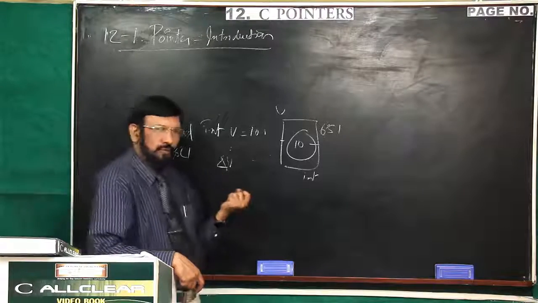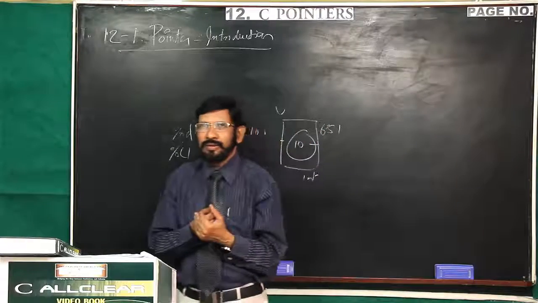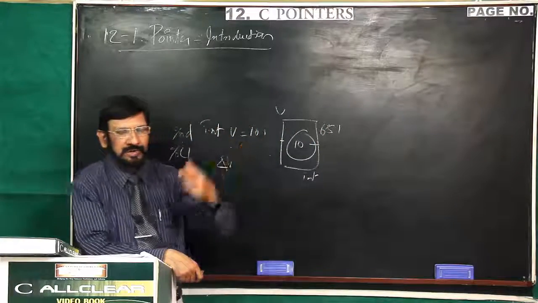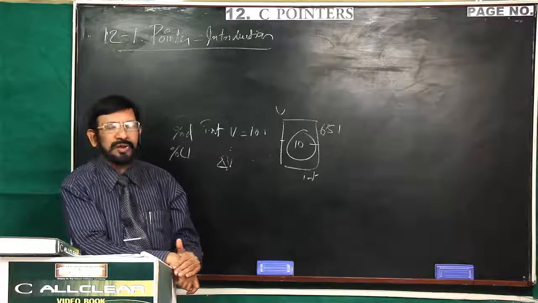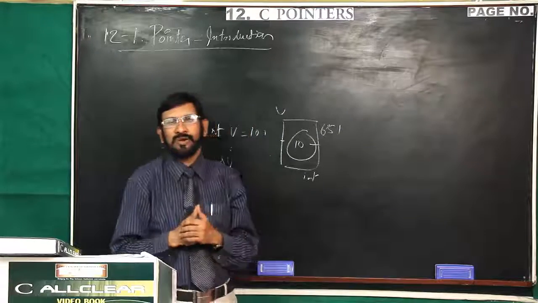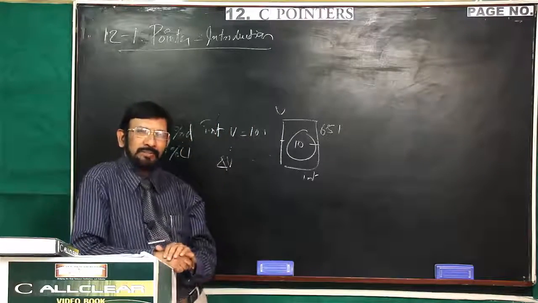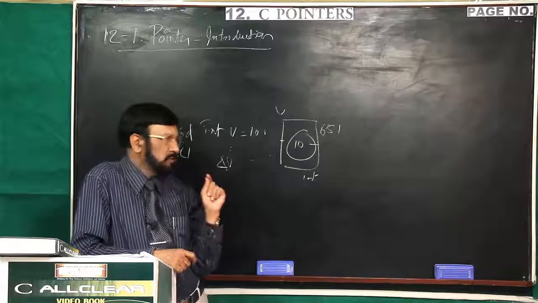So, once you are able to store the address of a variable, there should be a special type of variable to store that address. Such special variables are called pointer variables. To understand, an ordinary variable can store a value of a particular type.